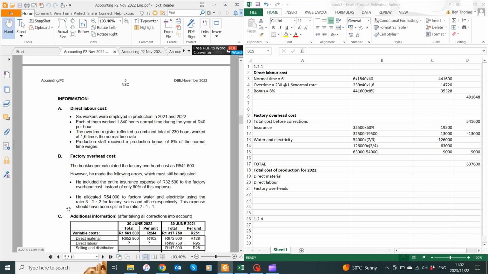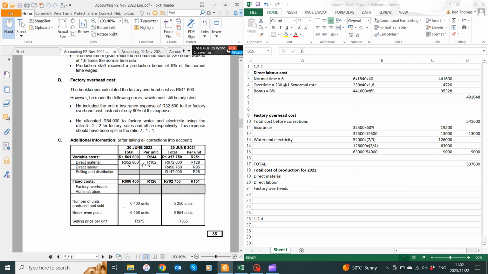Now direct material was given to us over here as 652,800. Direct labor, guys, we calculated over here as 491,648, and factory overheads we calculated over here as 537,600.